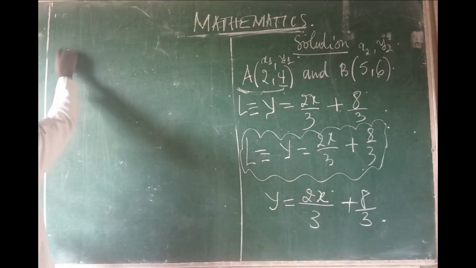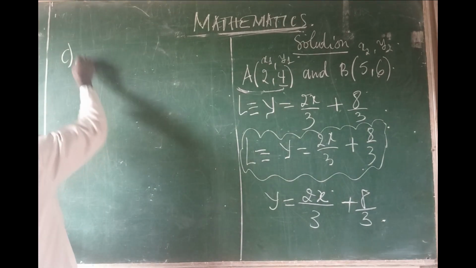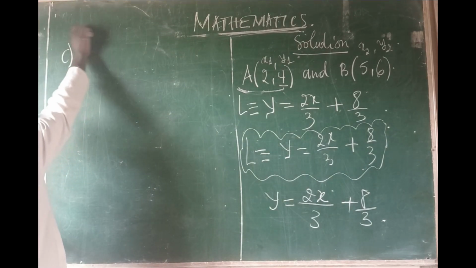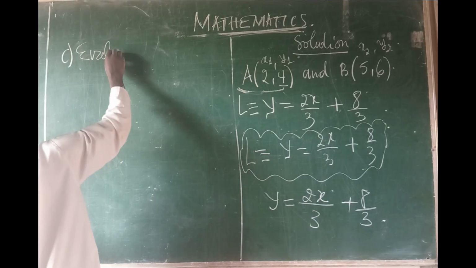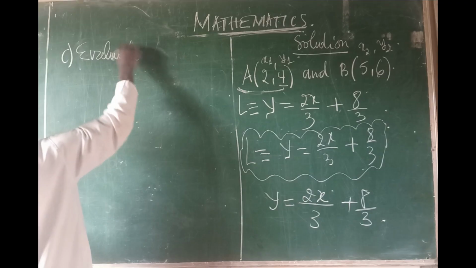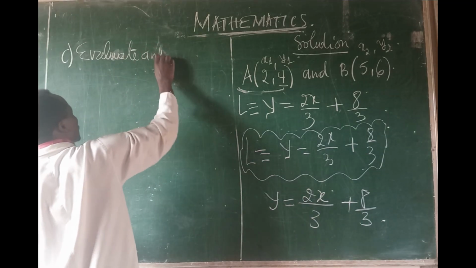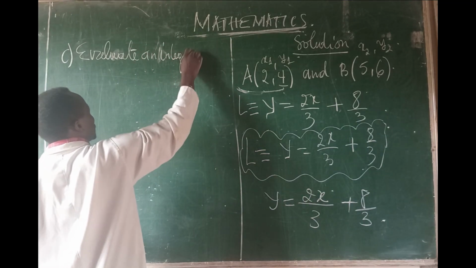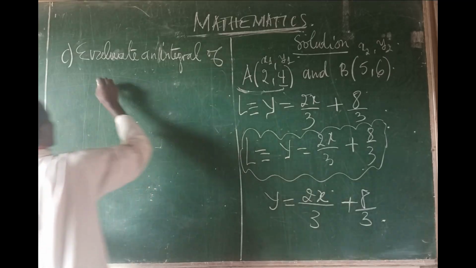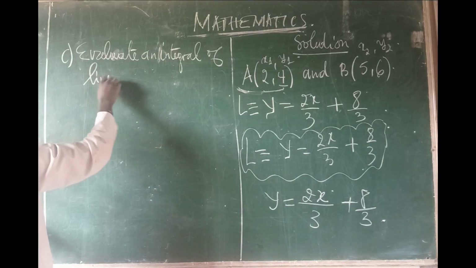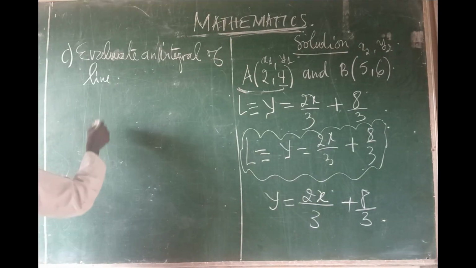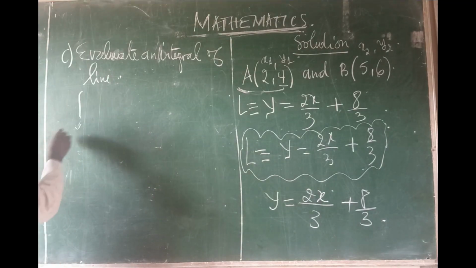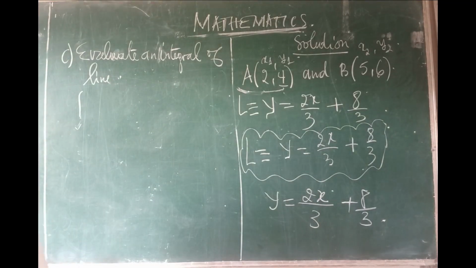Now, sub-equation C was how to evaluate, find an integral of the line. You see, our line is equal to what? Then you have to use the symbol of integral.